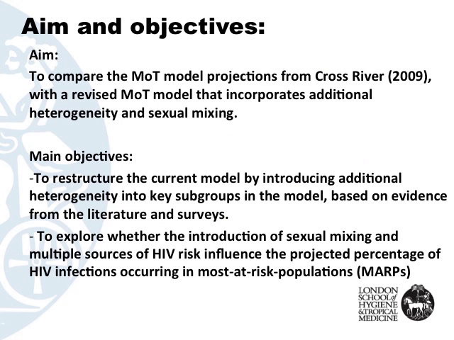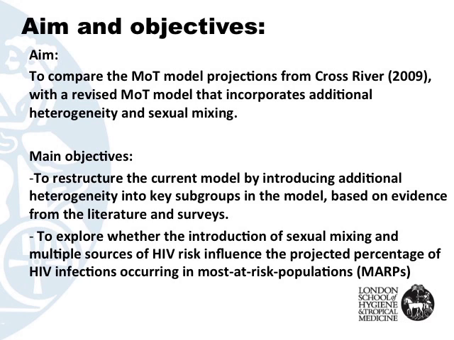To move on to the aims and objectives of the research. Our main aim with this work is to compare the results that we have from an MOT modelling study that was done in 2009 in Cross River, and we revised the MOT model so that it incorporates additional levels of heterogeneity and sexual mixing. There are two real main objectives.